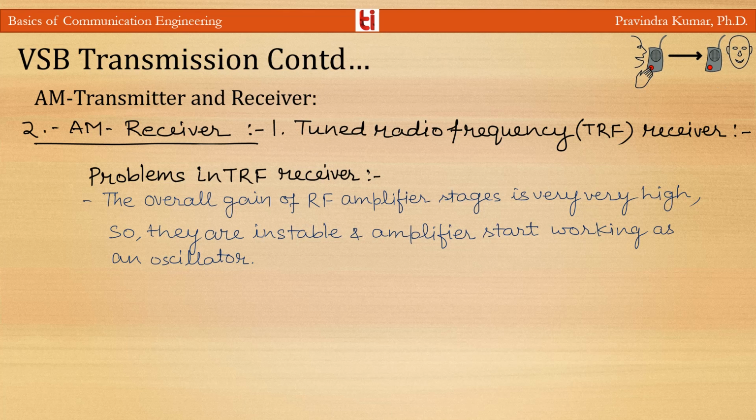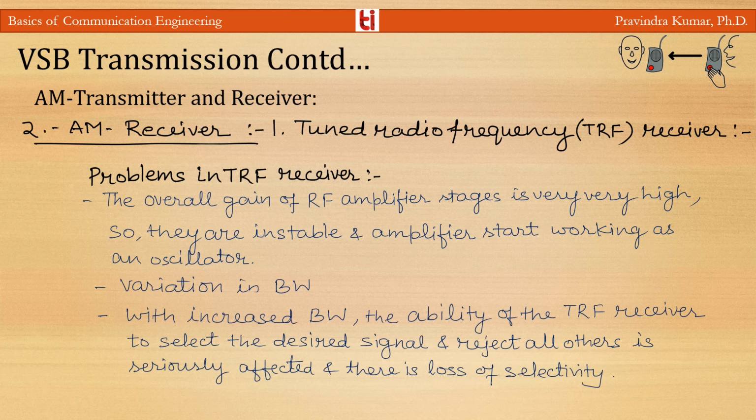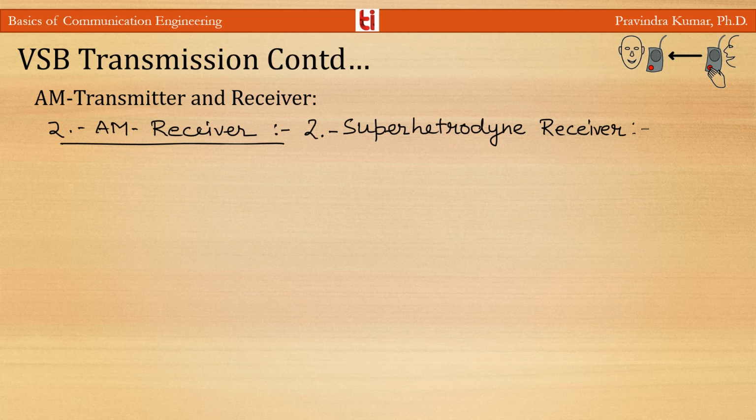There is also a variation in the bandwidth over the tuning range, and due to the increased bandwidth at higher frequency, the ability of the TRF receiver to select the desired signal and reject all other signals is seriously affected, and there is a loss of sensitivity.